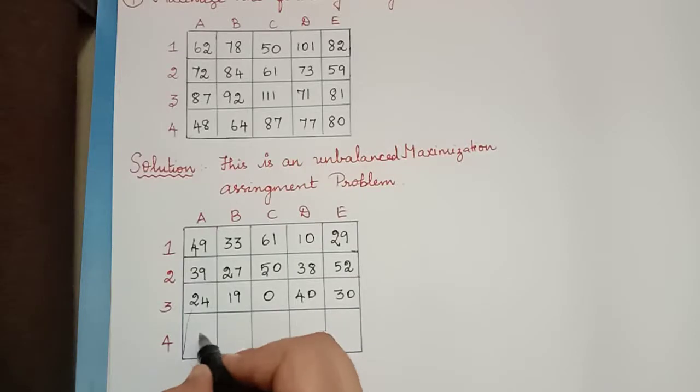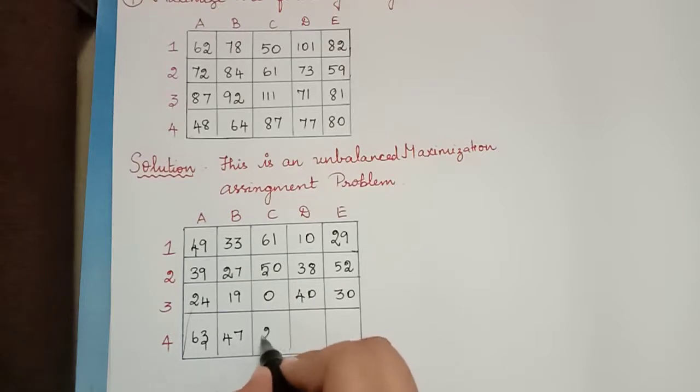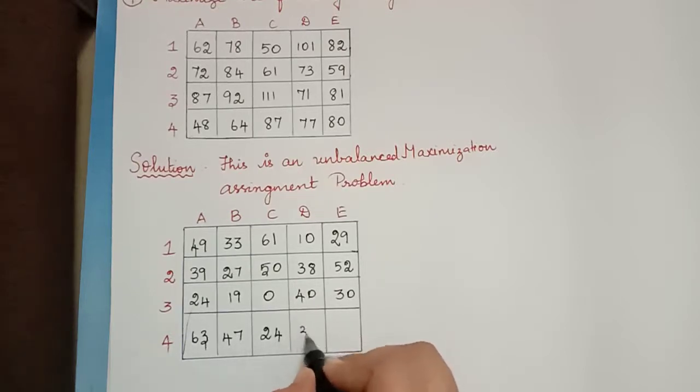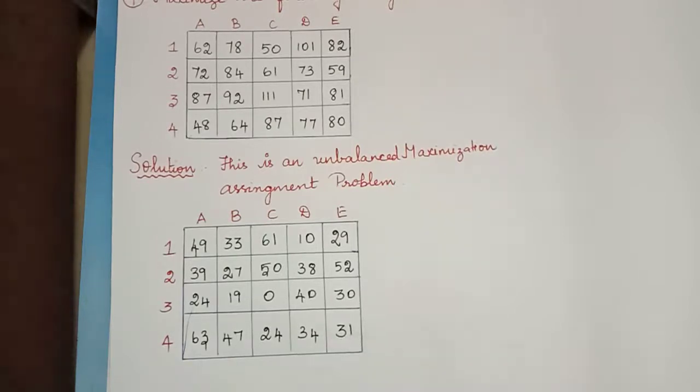So 111 minus 48 is 63, and 47, 24, 34, and 31. So now we have converted the profit matrix into a loss matrix.